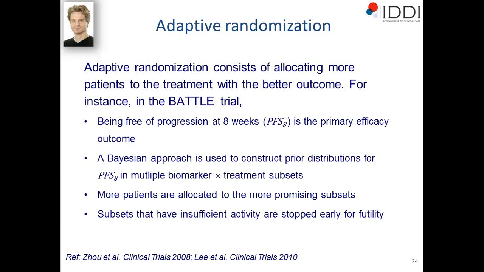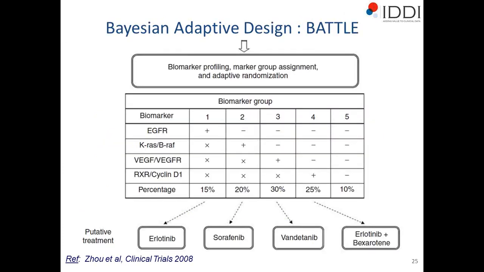So essentially, what you have in the BATTLE trial is several biomarker groups based on molecular biomarkers, and also a group of treatments. The idea is that all the patients go through biomarker profiling.